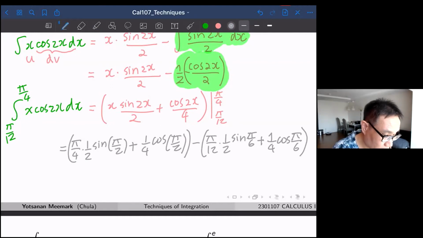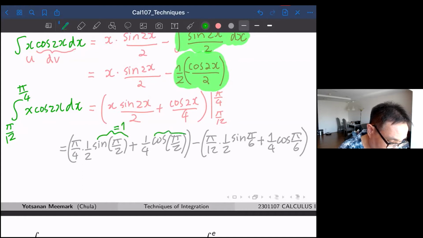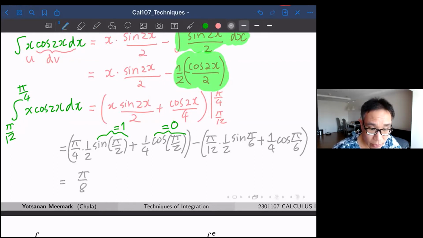Okay, let's evaluate the values. Sin pi over 2 is equal to 1, cos pi over 2 disappears to be 0. So this one turned out to be equal to pi over 8. And the second term, you subtract. Sin pi over 6 is 30 degrees, so it's going to be 1/2.